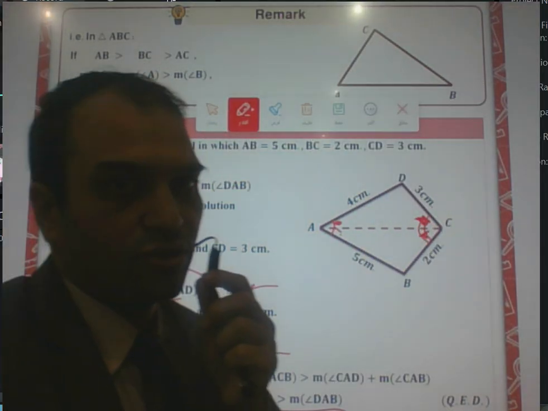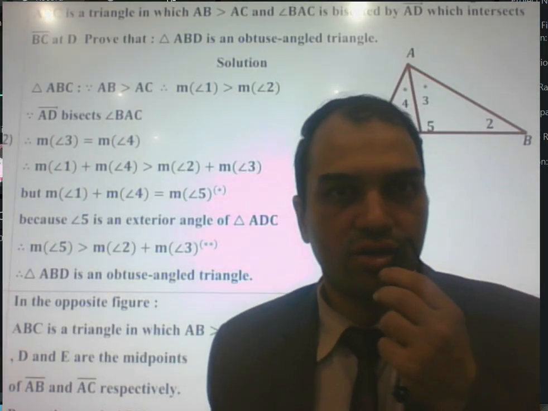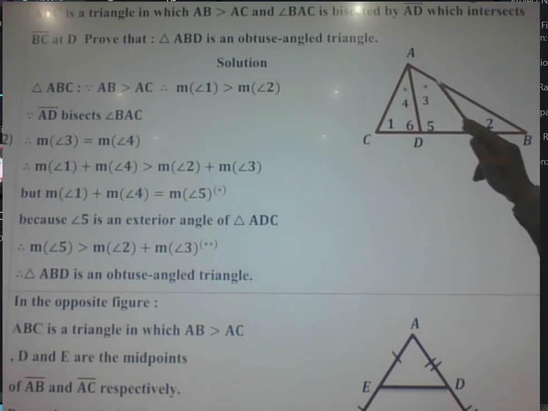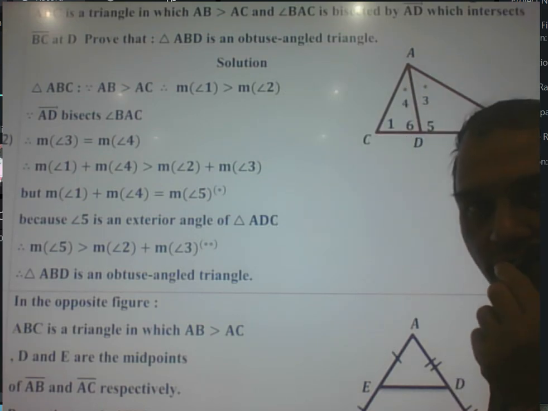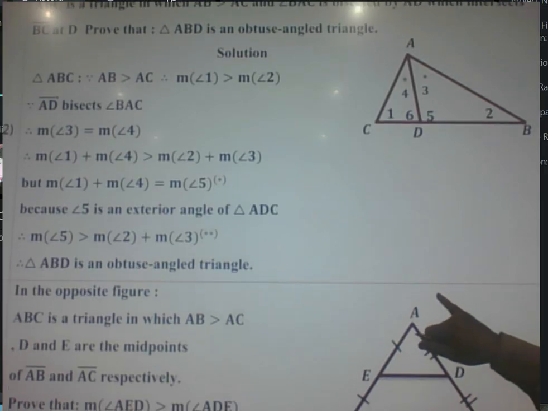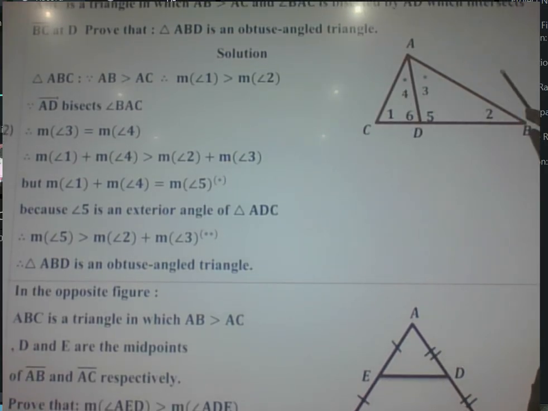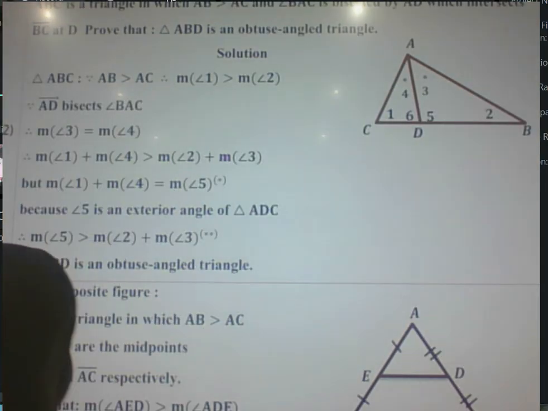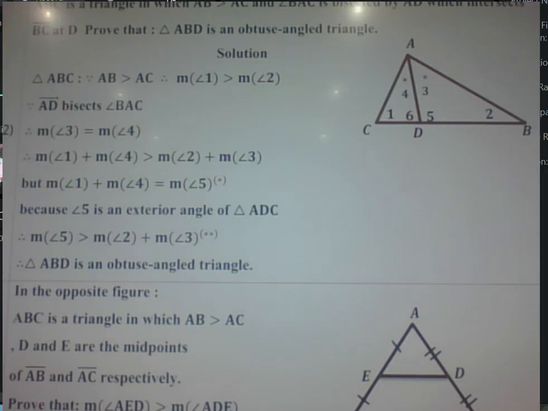Okay, listen to me for the next question. Now look with me at this question. ABC is a triangle like this, in which AB is greater than AC, and the measure of angle BAC is bisected by the ray AD.